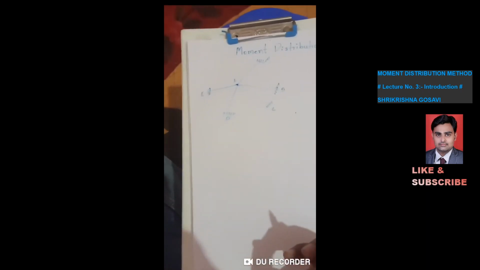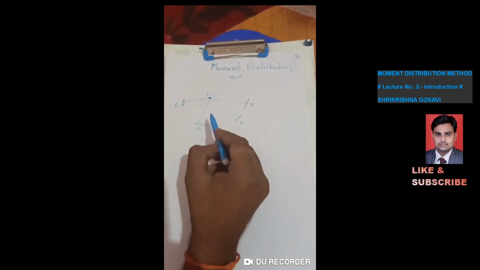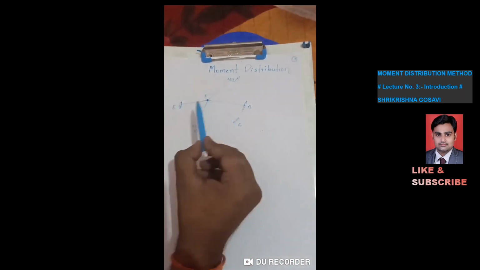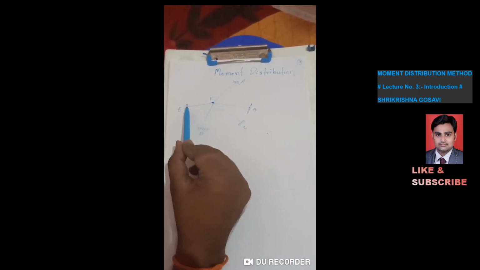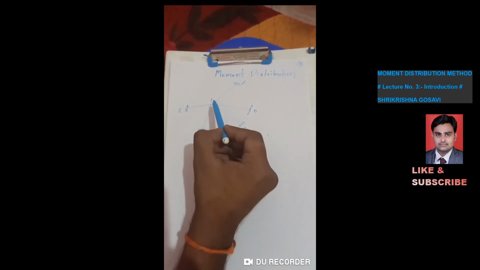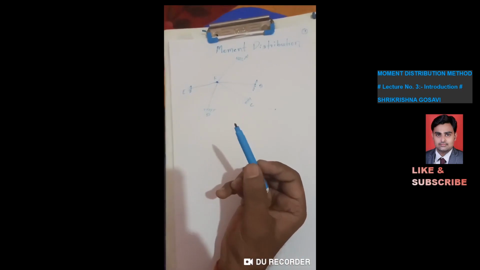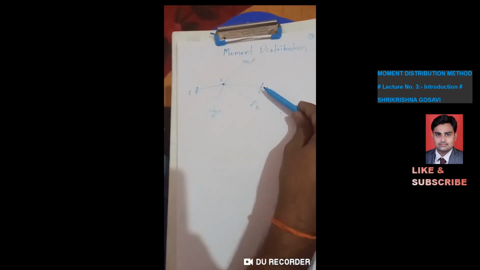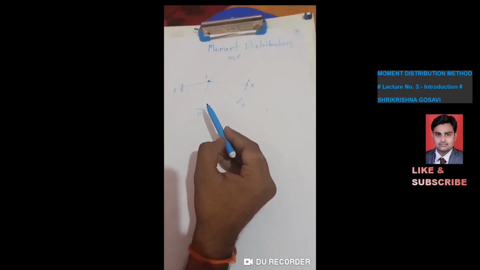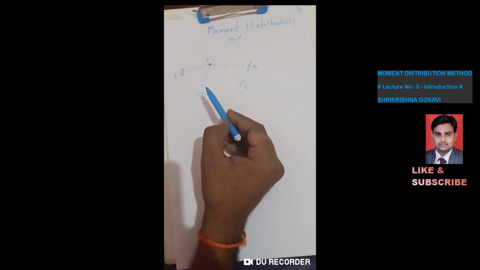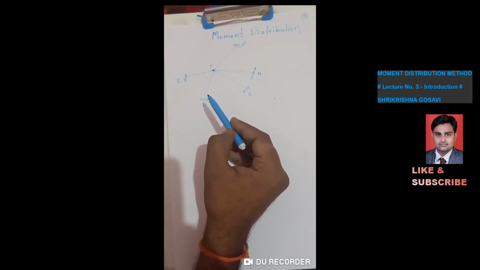Now in this given diagram we have 5 members. The members are AF, BF, CF, DF and EF meeting at point F. So all joints A, B, C, D and E are fixed joints, while joint F is a hinged joint which permits the slight rotation of the member.